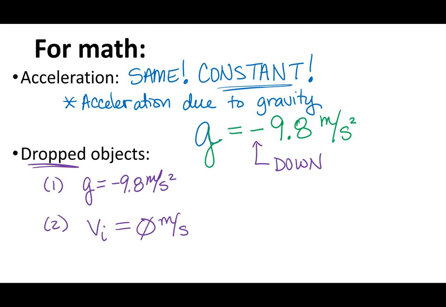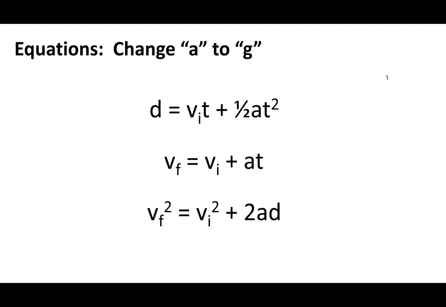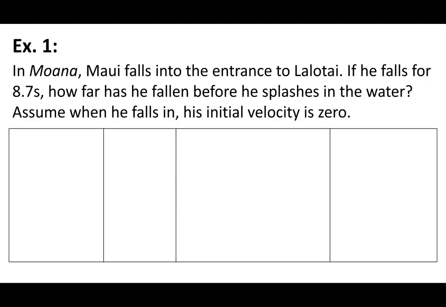Now, what equations are we going to use for this? Well, we're going to use the equations for acceleration, the big 4. Here are the 3 of the big 4 that have an A in them. Remember, A is the acceleration due to gravity when we are talking about things that are dropping.